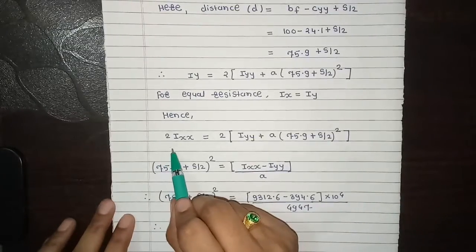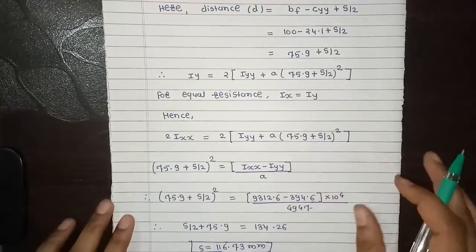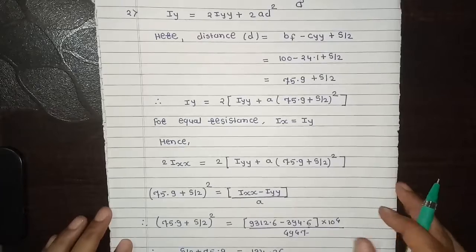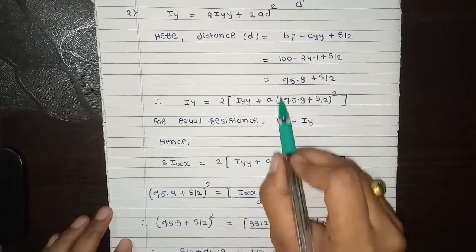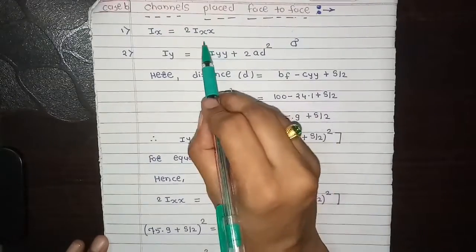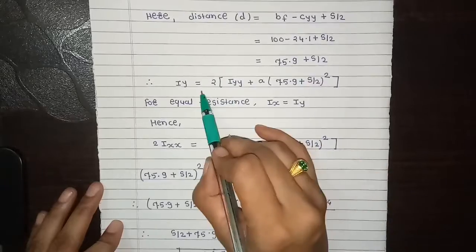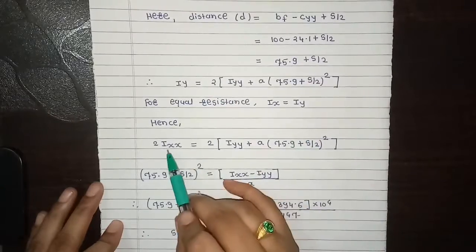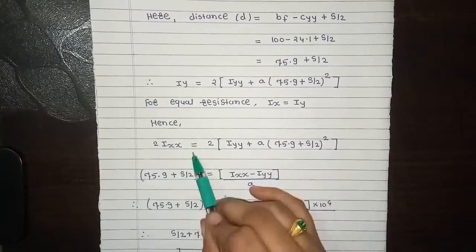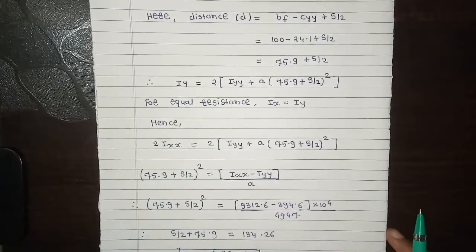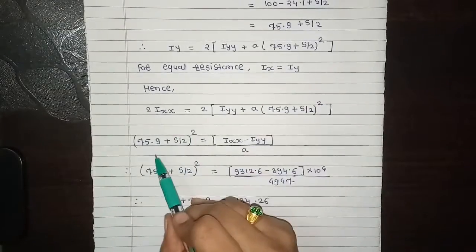Okay, so Ix is equal to Iy. What is the value of Ix? 2Ixx. And what is the value of Iy? This equation. Equating these two equations, we get the spacing.